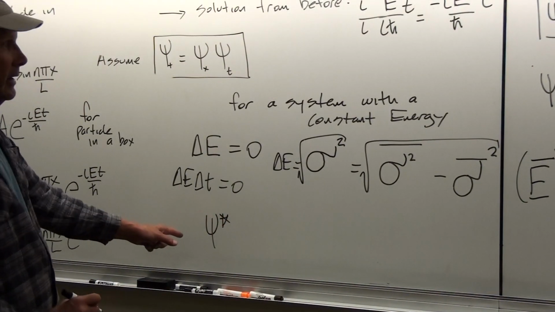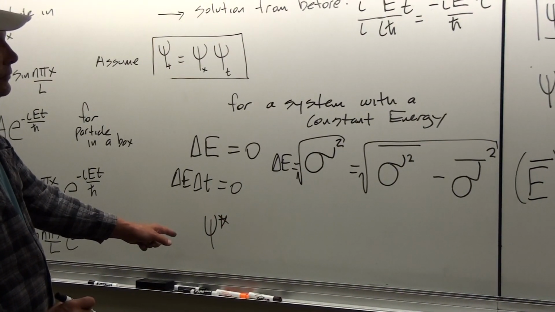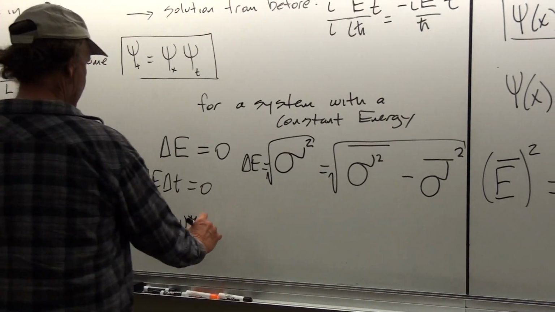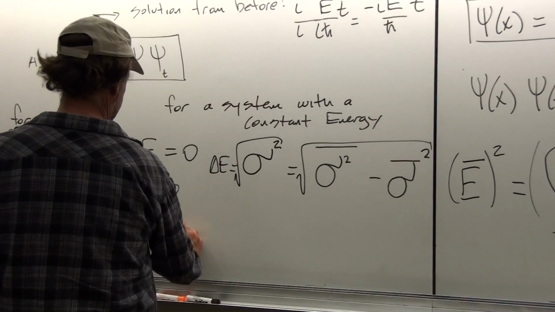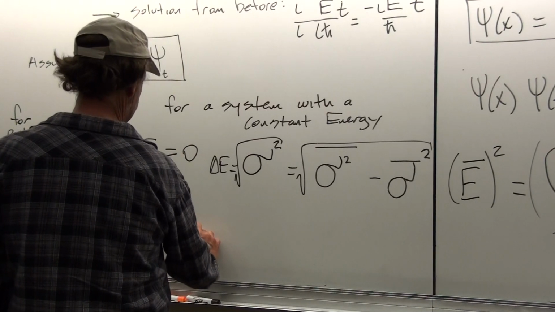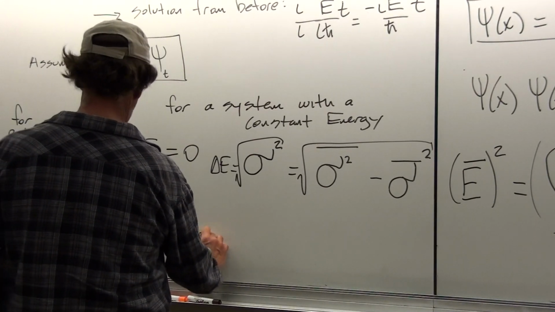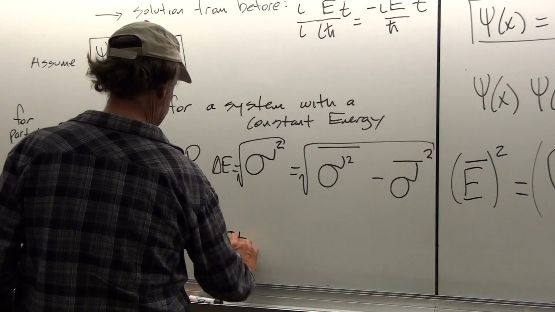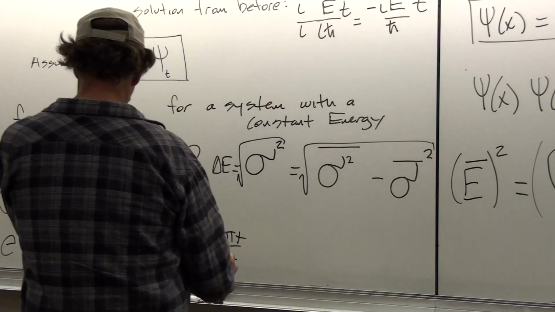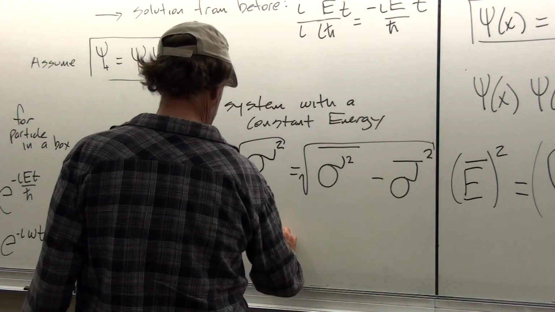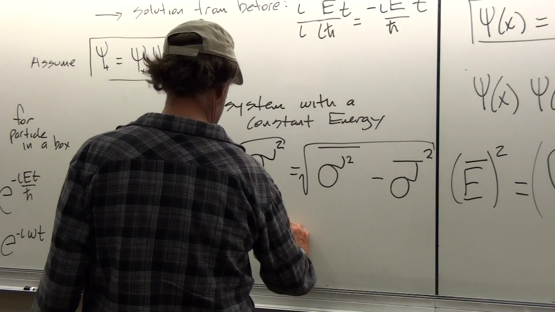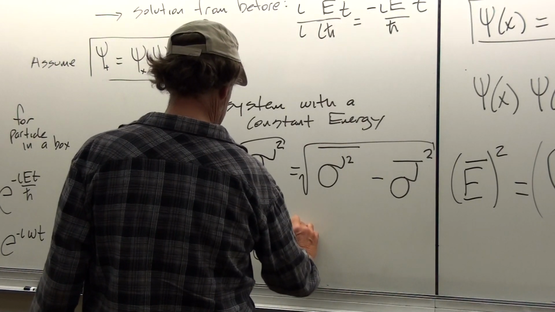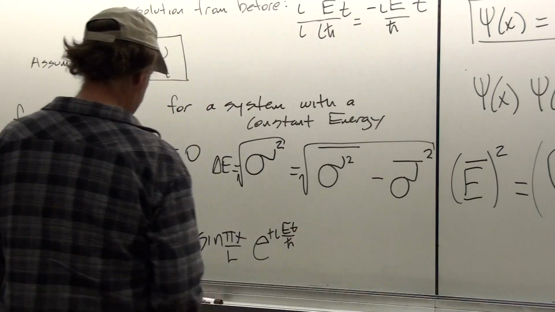Say our particle in a box is going to have an x component, so that's going to look like the sine of n pi x over L times e to the plus i E t over h bar.